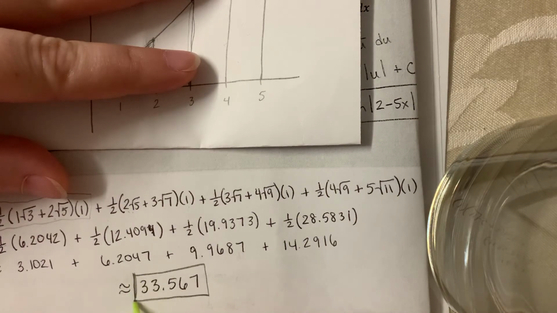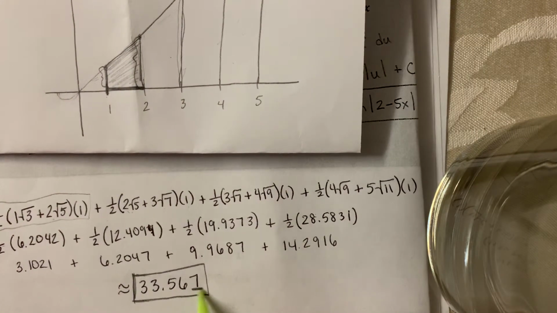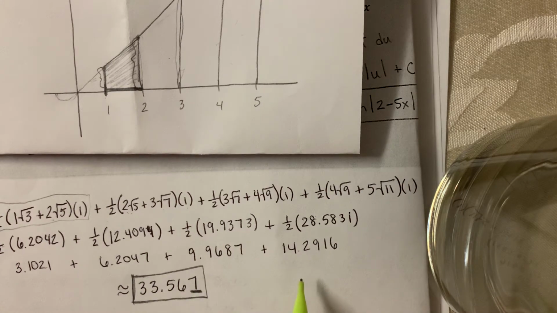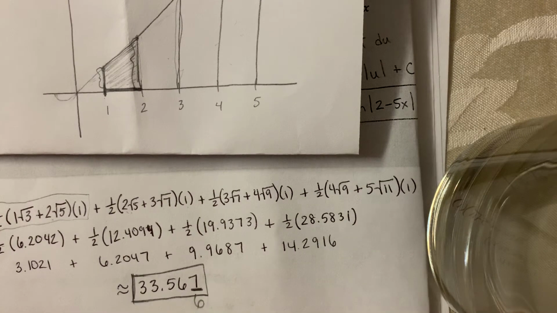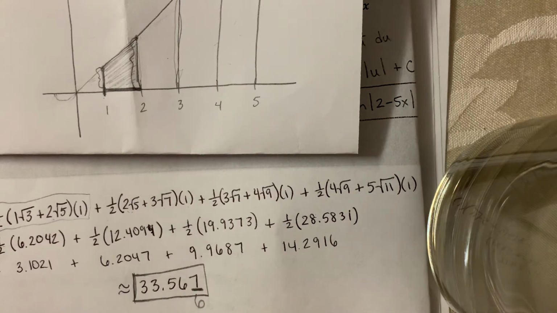Remember, on the AP exam, they will be asking you to round your answers to 3 decimal places. That third decimal place can be truncated or rounded. Truncated means you just drop off everything behind it. You don't round it, you just leave it. So this could have been a 6, or it could be a 7, which is what the answer would be if it was rounded up. They would count either answer, doesn't matter.